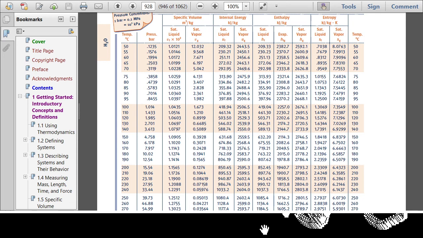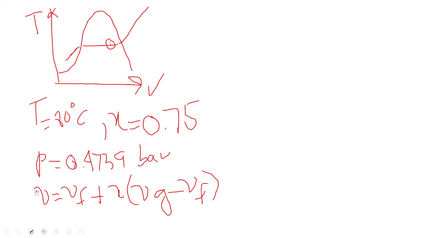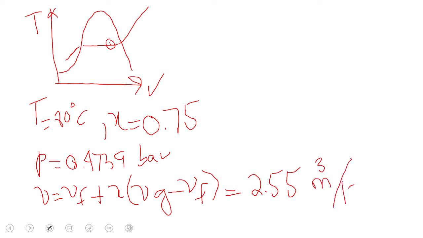If we substitute all of this into this equation, we obtain the specific volume to be 2.55 meter cube per kg.